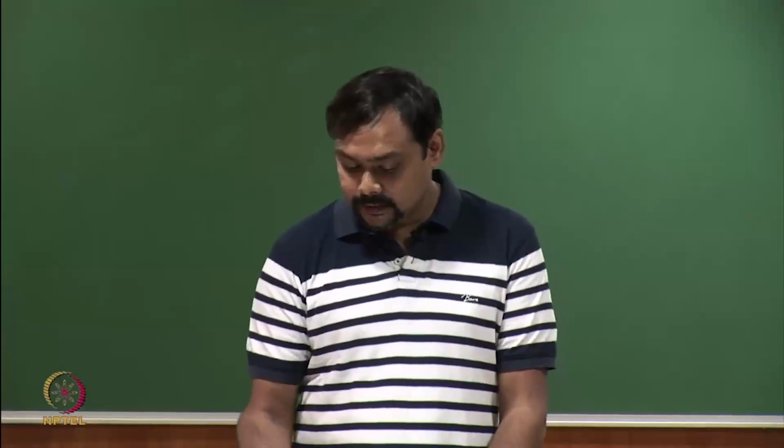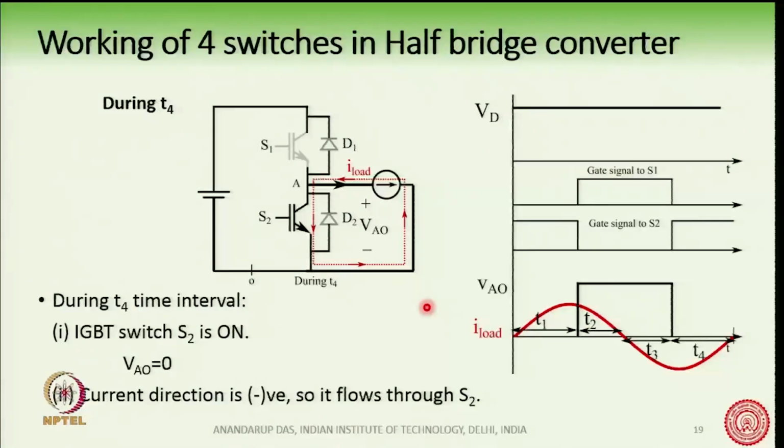In summary, we can say that the voltage, that is VAO, produced by the half bridge converter is unidirectional in nature, while the current can be bidirectional in nature.